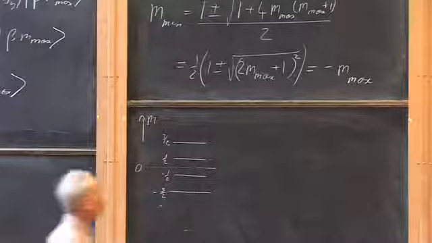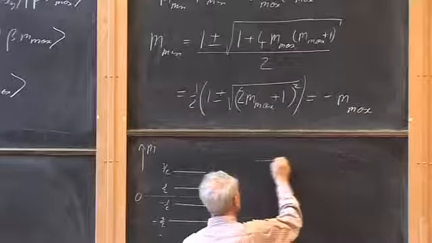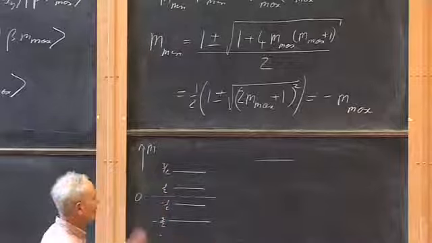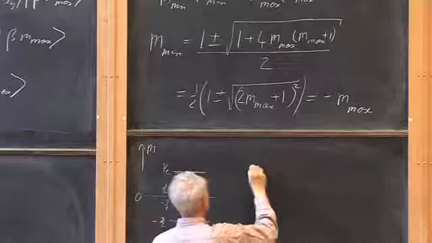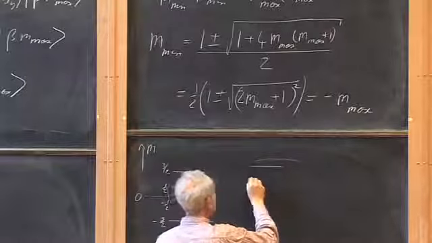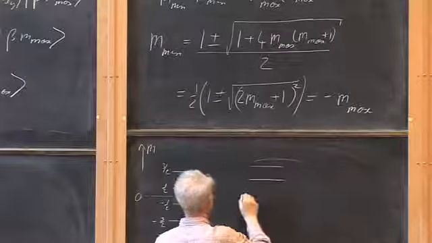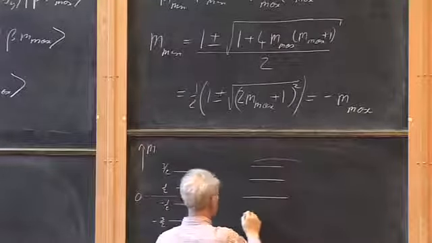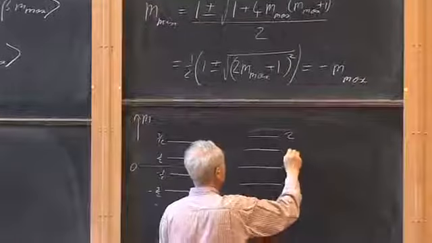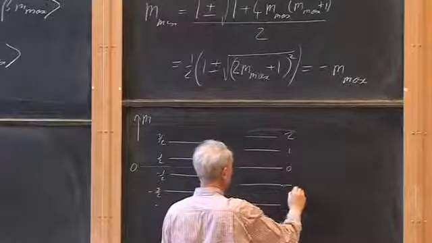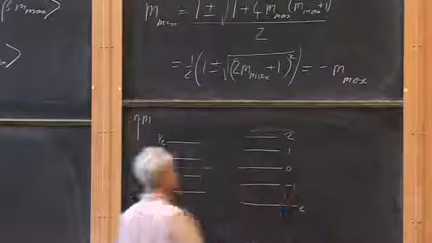Or it might work out like this, that we'd start here, but the key thing is we could start slightly higher up, and then we would have this one, and this one, and this one, and this one. So if we started at 2, we could have 1, nothing, minus 1, minus 2.